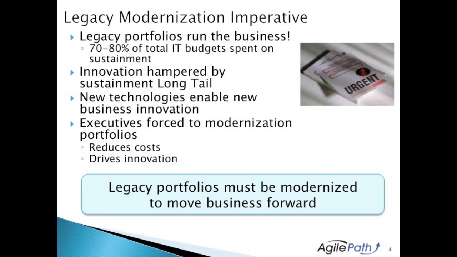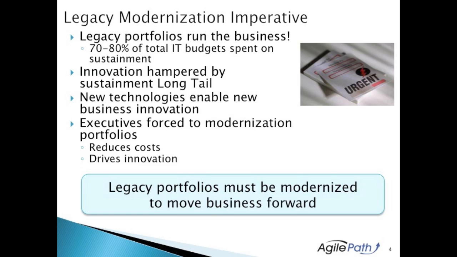We do know that executives are being forced into this modernization primarily to drive their cost equation, to help drive new innovation, and also to more or less survive what they've inherited. If you go back and look at how a legacy portfolio came into being, it would be an interesting exercise that would span 20 to 30 years of decision-making, some good, some bad.